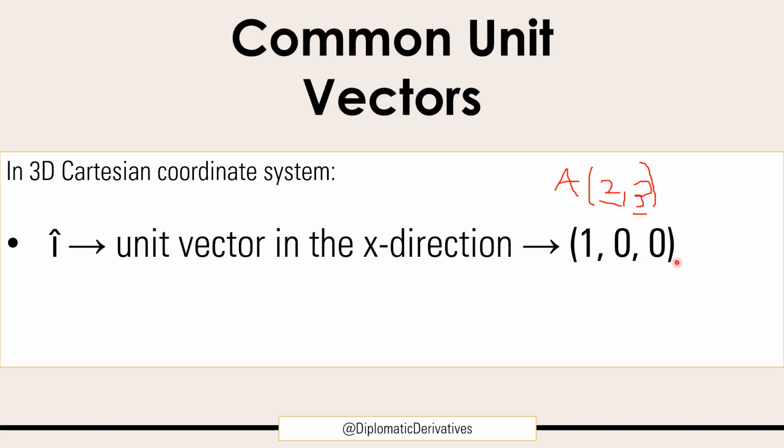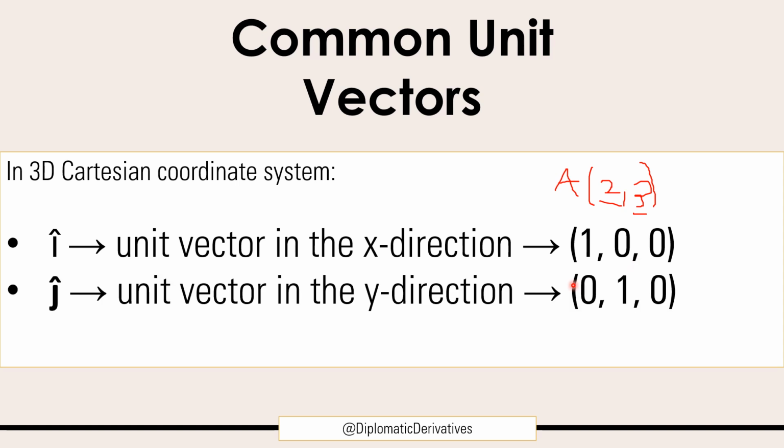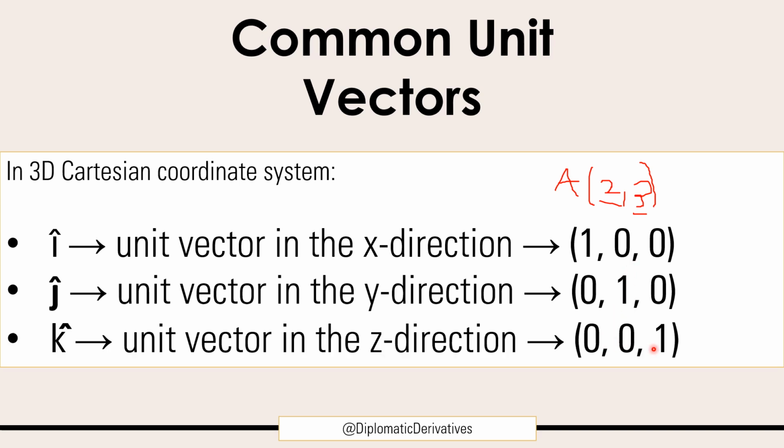This is the vector notation for unit vector i, like this is the vector notation for point A. Similarly for j, it's in the y direction, so x and z are going to be 0, and only in the y axis will we have magnitude 1. Similarly for z, it will be 0, 0, 1, that is unit vector k. All right, simple.